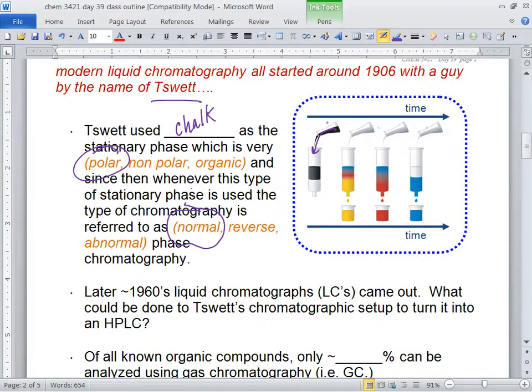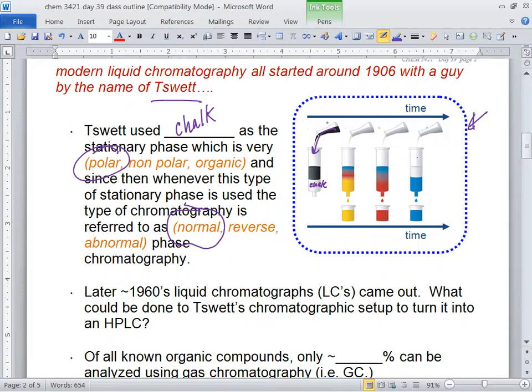So later in the 60s, these LCs came out, liquid chromatographs. What could be done to Sweat's system here? This is Sweat's system. Just imagine it. He's got this ground up chalk in here. Here's the chalk, right? And what could be done to turn this into an HPLC?